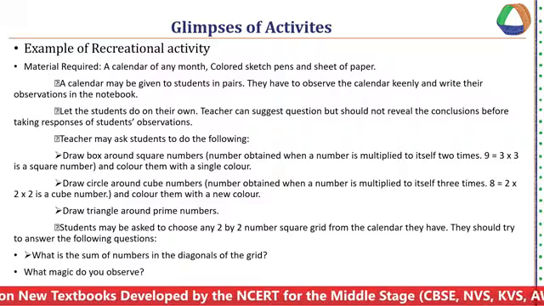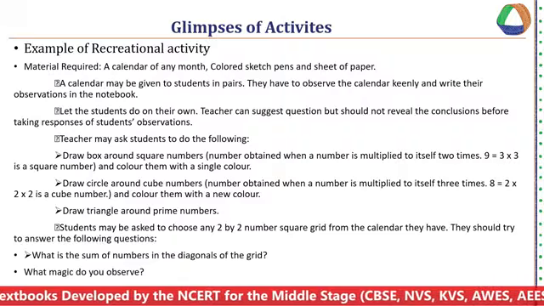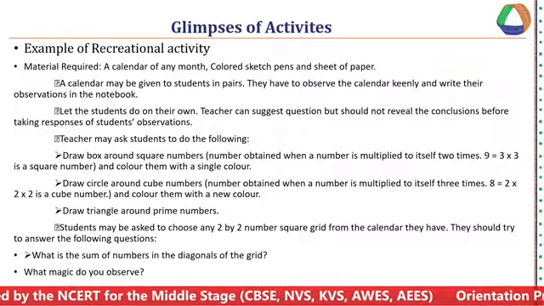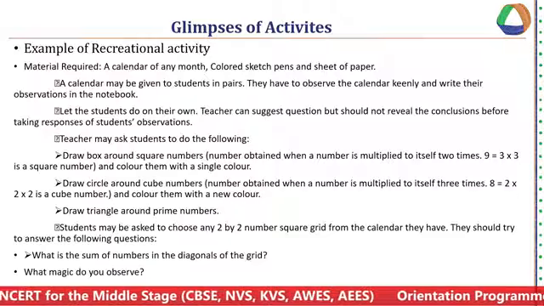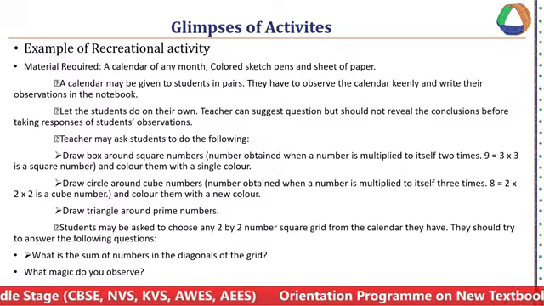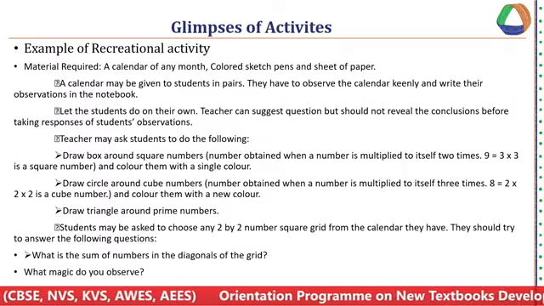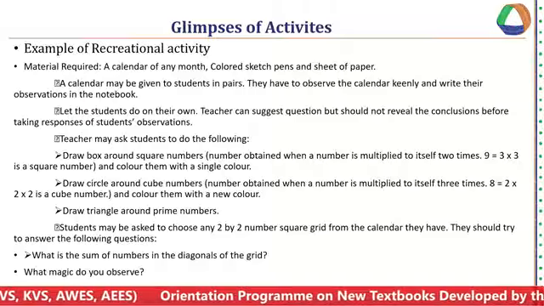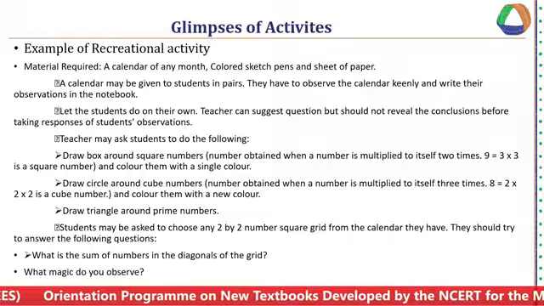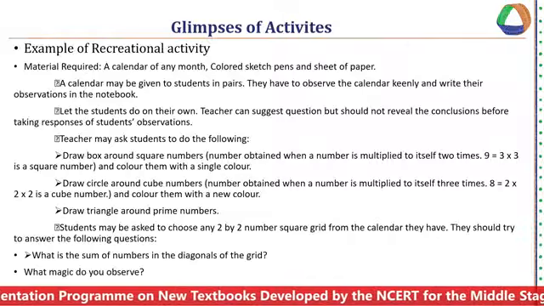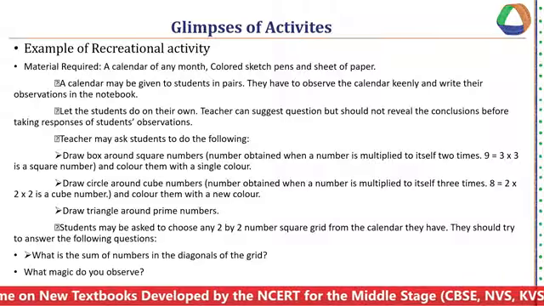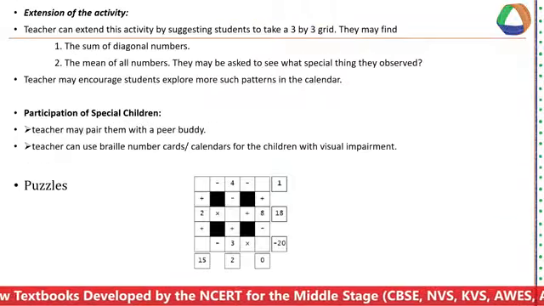So there are recreational activities. There are puzzle-type activities, and you can see here in a simple calendar how many things can be done. A picture has been given of a calendar, not the full calendar, but a part of it, and based on that, different questions have been asked and different activities can be performed on that particular part. This is one of the activities.